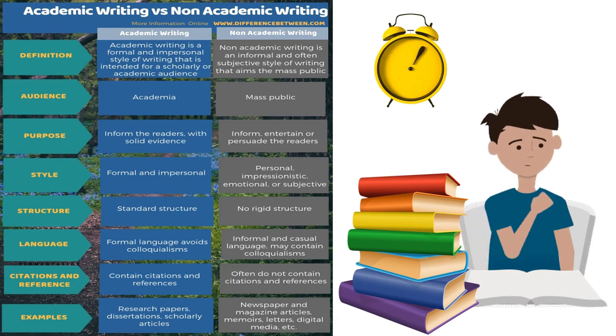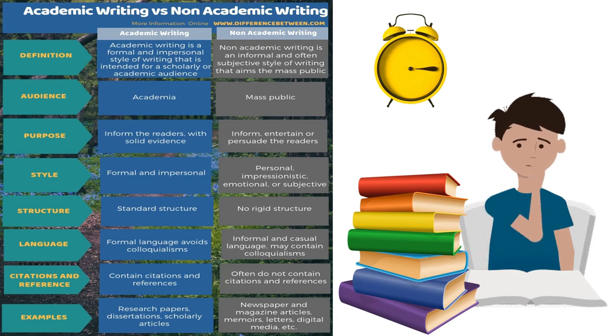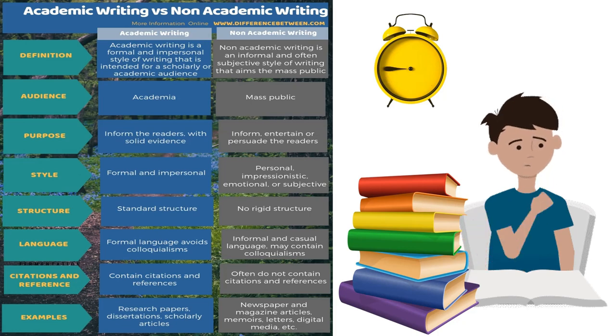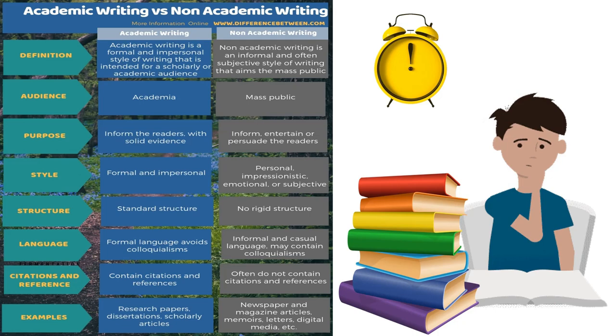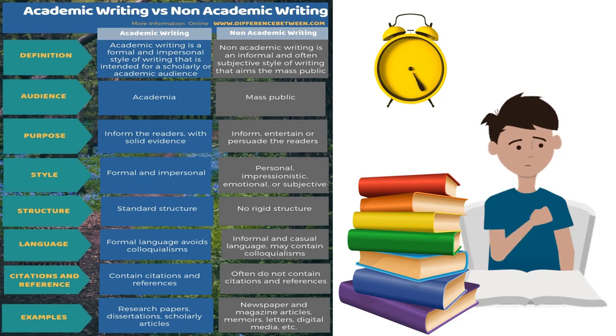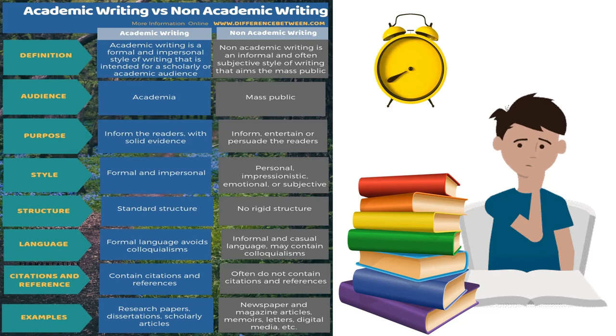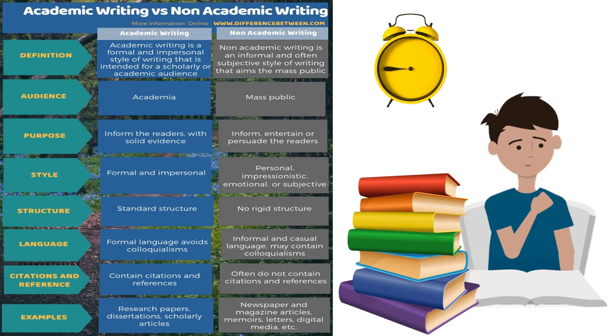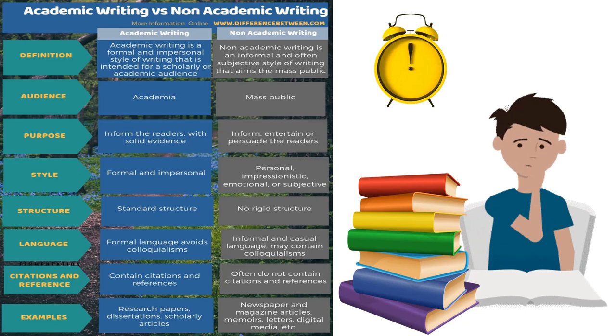While non-academic text or non-academic writing refers to an informal and often subjective style of writing that aims at the mass public. For the audience, for academic writing, we have academia, and for non-academic writing, we have the mass public. For the purpose, academic writing aims to inform the readers with solid evidence, while non-academic writing aims to inform, entertain, or persuade the readers.